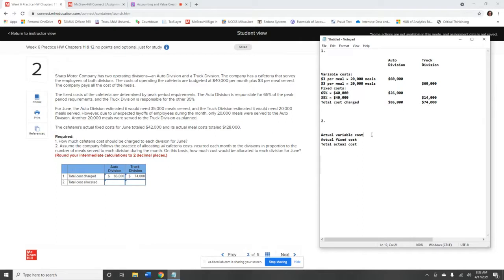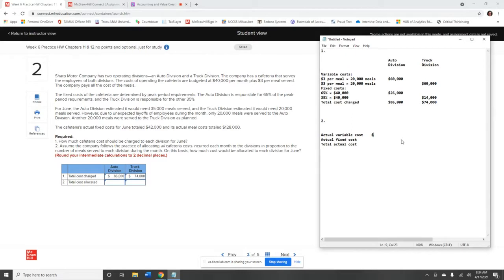So now we're gonna just total everything and split it 50-50. It doesn't really matter which division is which. We would total everything and then weight it by the number of meals each took. Now, it just so happens in this case, they took 50% each.